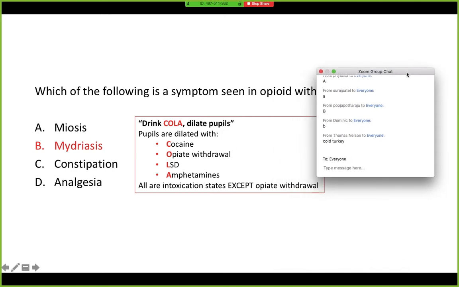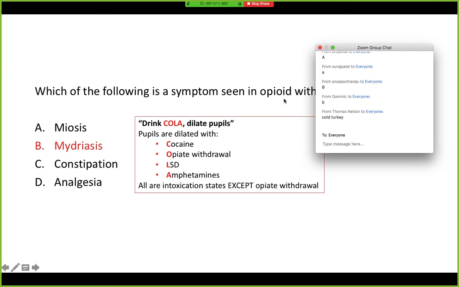And then one of the mnemonics they teach you in behavioral is to drink cola, dilate pupils. So with cocaine, LSD, or amphetamine overdose, you're going to see mydriasis, and also with opiate withdrawal. So this really helps you kind of narrow down things when you're doing questions.